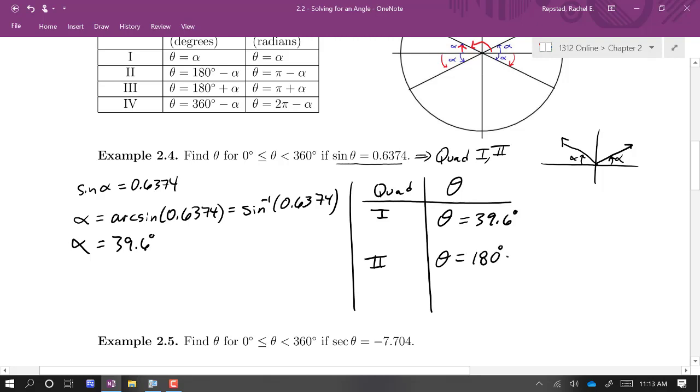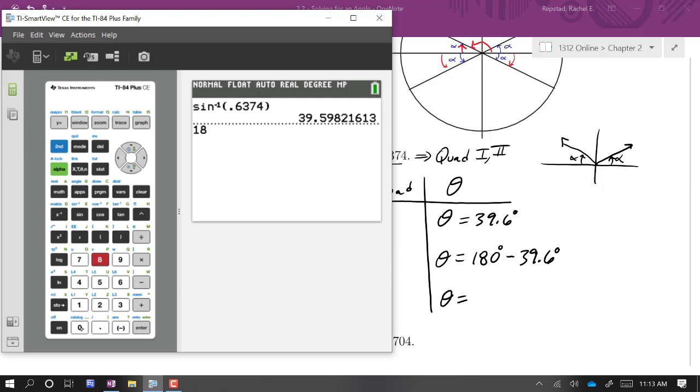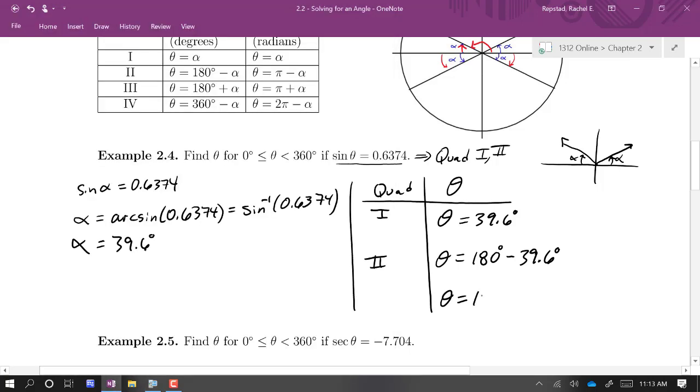So 180 degrees minus 39.6. And that's 140.4 degrees, and make sure I put the appropriate units here. And those are my two angles.